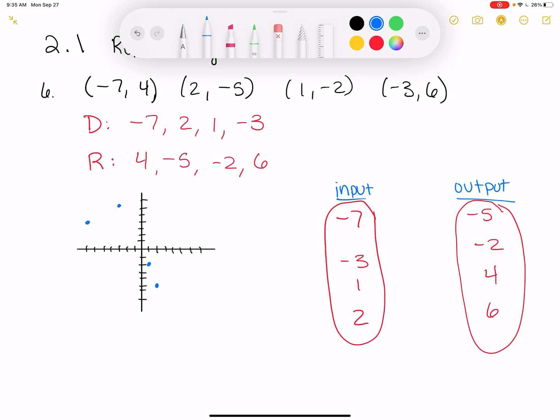And then you match them up to what they go with. If there was a number that was repeated, it's going to get used twice in either case. We'll do some in a minute where there's repeated ones. But for right now, we have (-7, 4), so we match up -7 with 4. -3 goes with 6. 1 goes with -2. And 2 goes with -5.